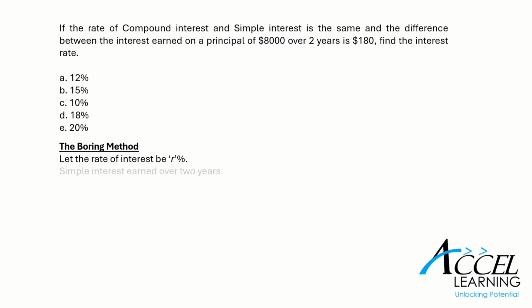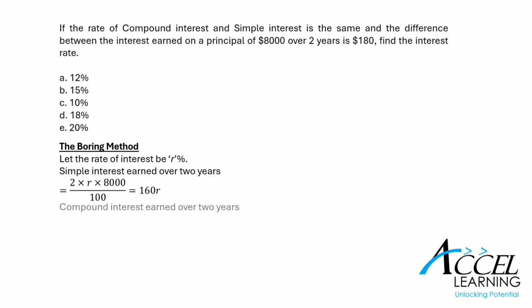Simple interest earned over 2 years is equal to 2 times R times 8,000 divided by 100 equals 160R. Compound interest earned over 2 years equals 8,000 times (1 plus R divided by 100) squared minus 8,000.